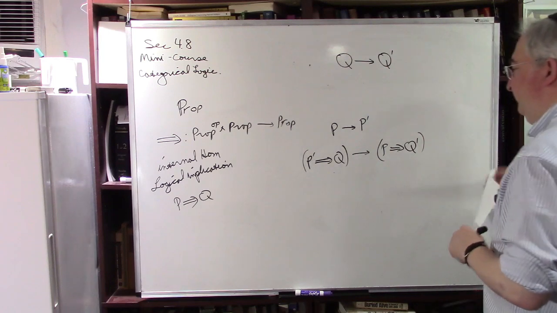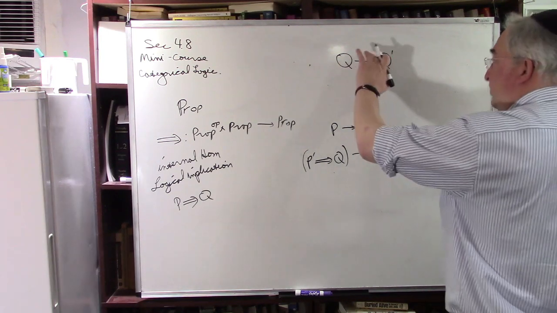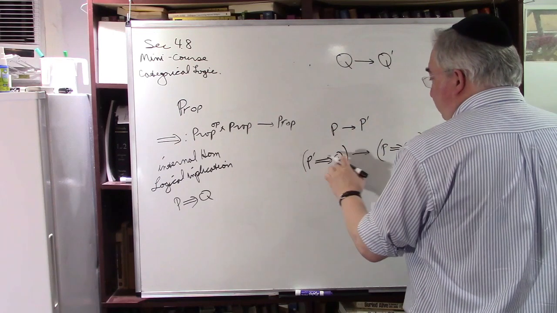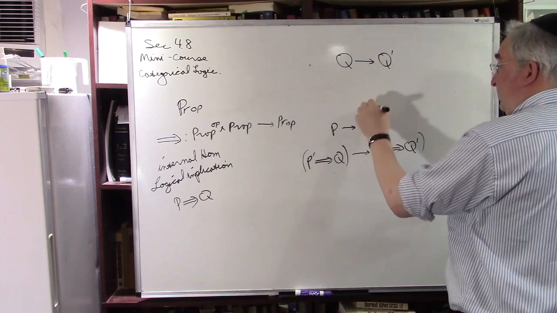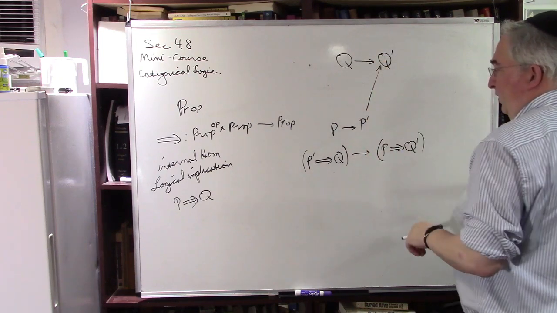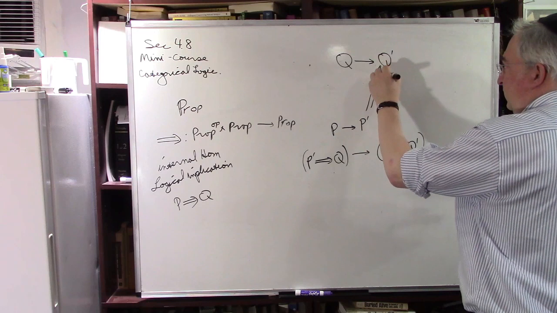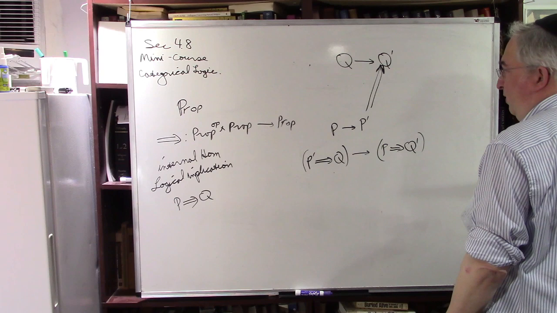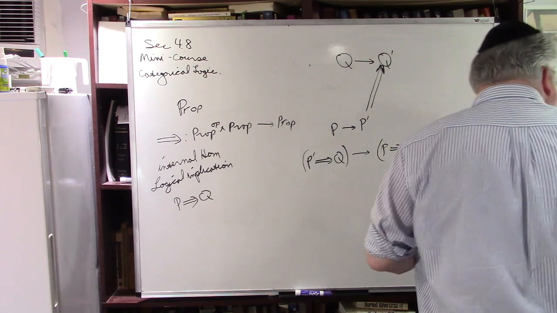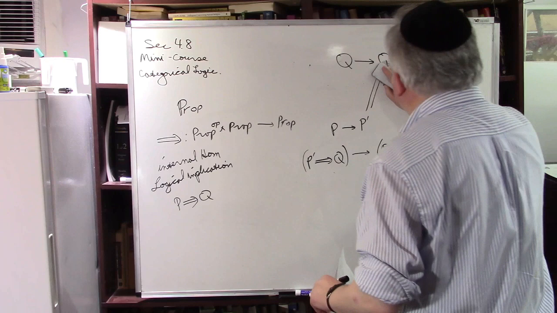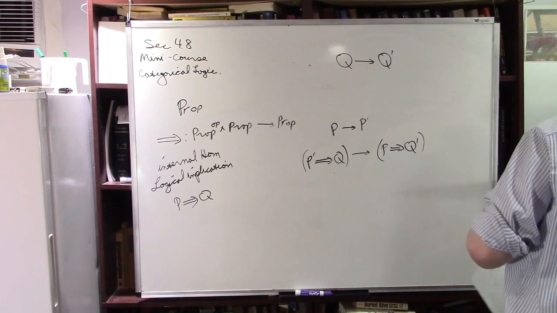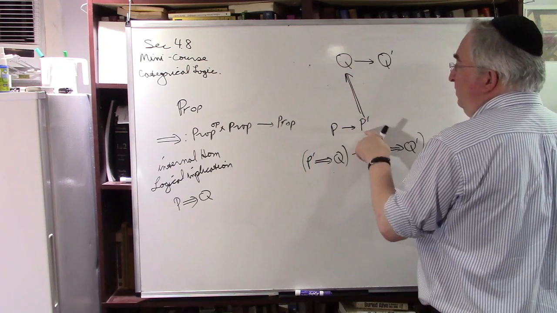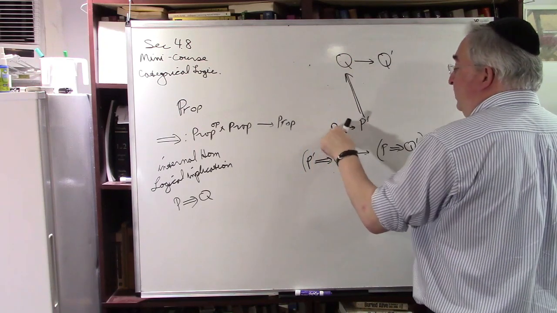Let's see why it's true. Let's assume Q implies Q prime, and P implies P prime. P prime implies Q, so this implies this. So if P implies P prime and P prime implies Q, then P implies Q prime.